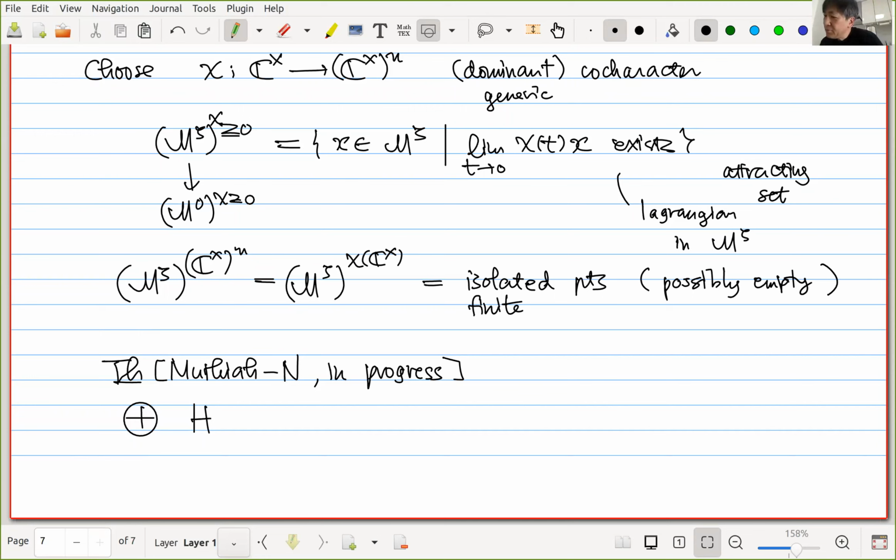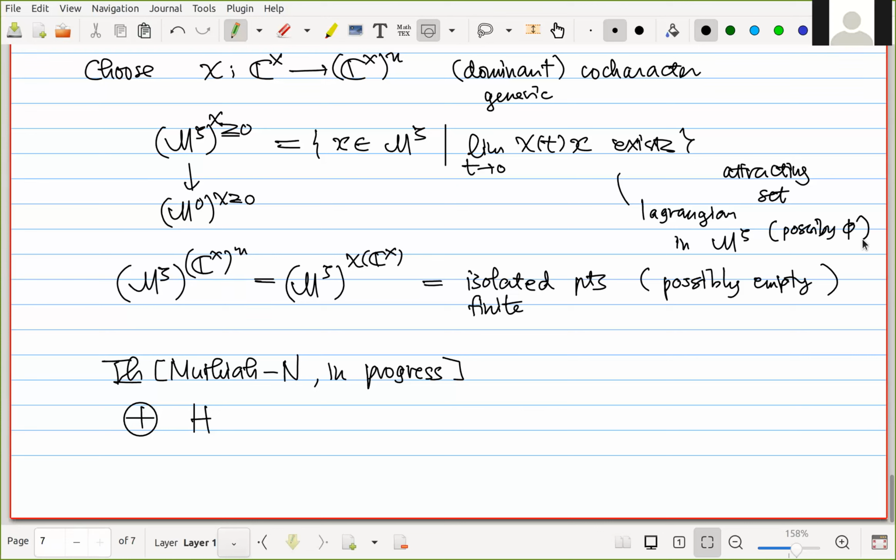If a limit exists, then the limit must be a fixed point. So if there is no fixed point at all, then this attracting set is empty. When I say this is Lagrangian in M zeta, I allow a possibly empty set, and the homology group of the empty set is the zero-dimensional vector space.